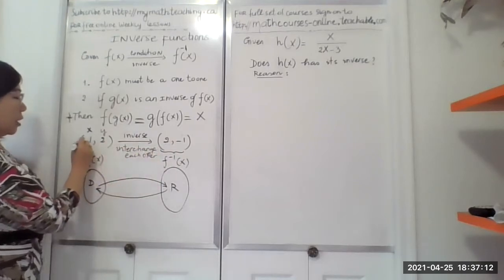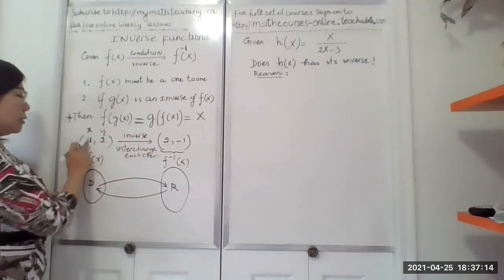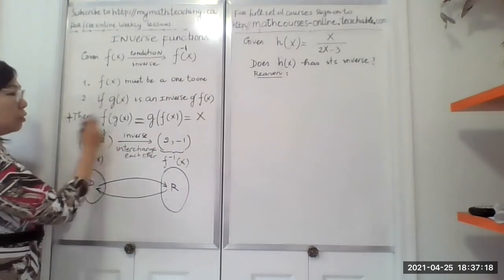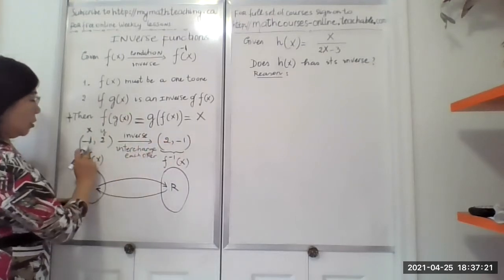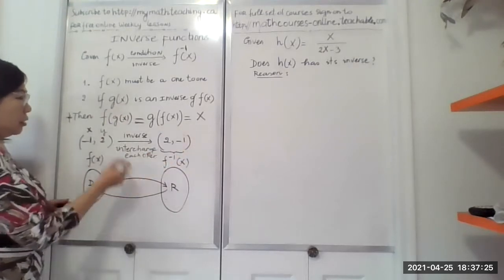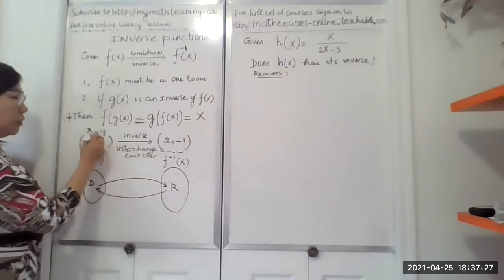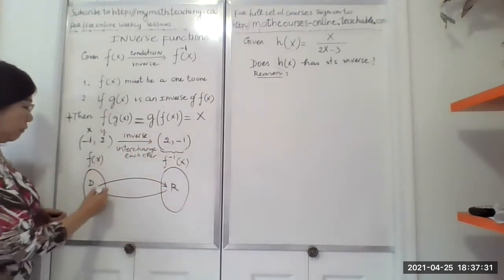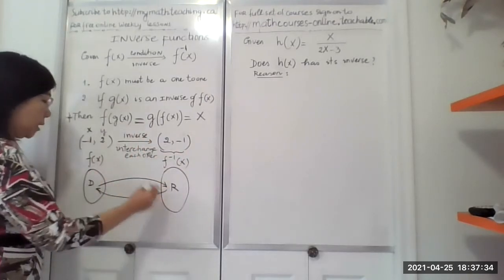You can see that right here. -1, the x of the function, now becomes the range of another function, and the range of the function now becomes the domain of another function. Therefore, I drew these two maps here.